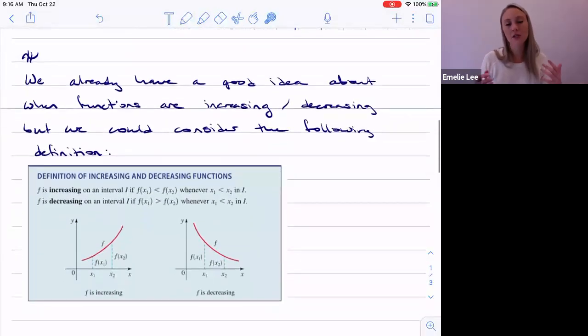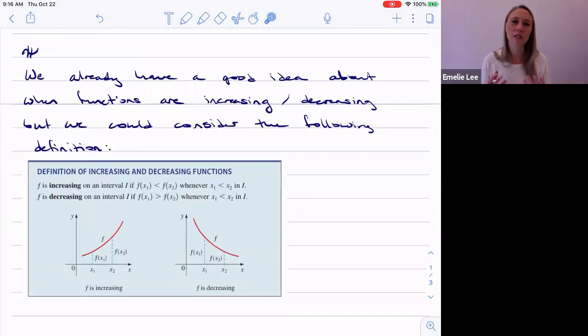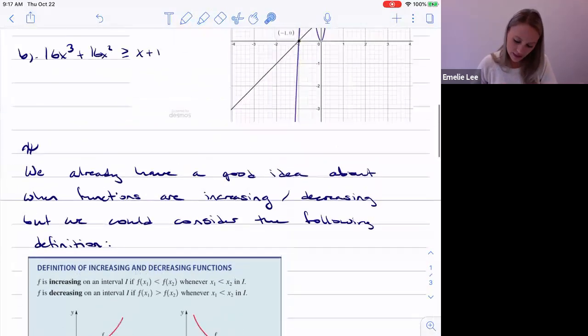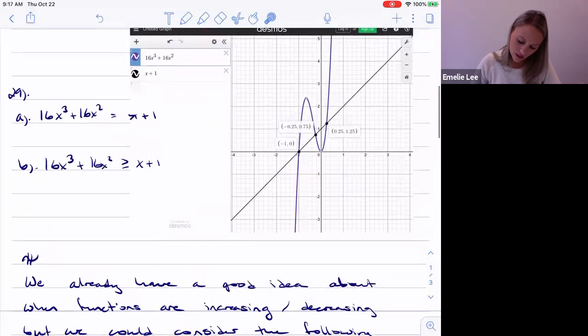And again, just like increasing and decreasing, we have a pretty good intuitive idea of what a maximum is and what a minimum is. The only difference here is that this is what we call a local maximum, because clearly this graph keeps going and it increases, presumably to infinity unless it plateaus. But for us, this graph would just keep going to positive infinity.